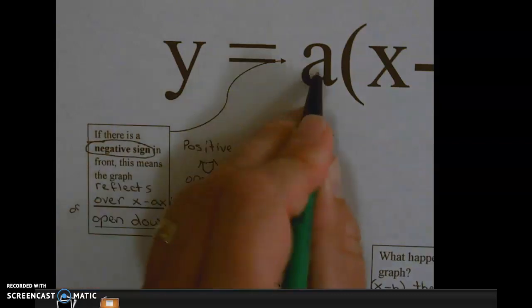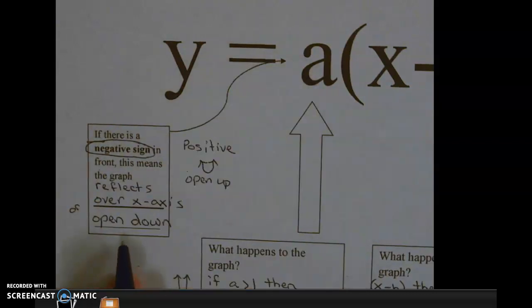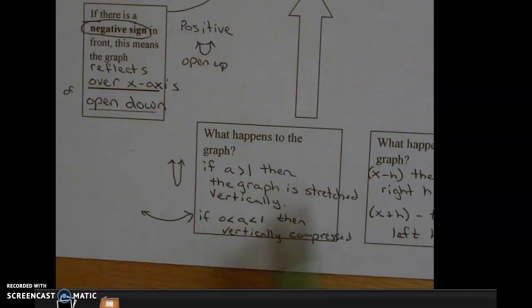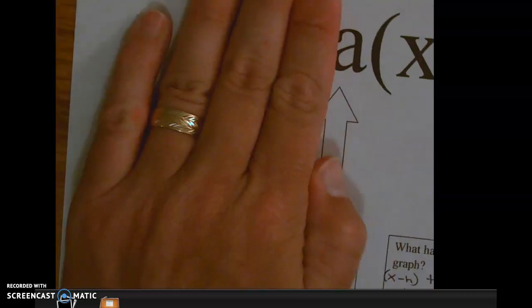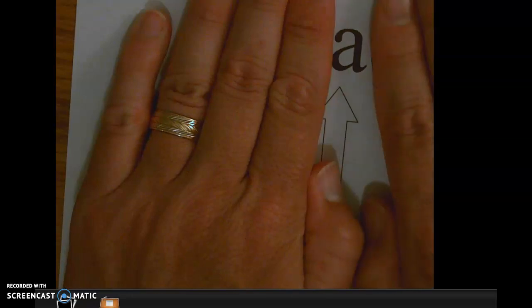If A is negative, it's going to open down. But when you're determining stretch and compression, do not look at the sign, okay? It's kind of like this. You want to cover that sign up and only look at the number. If it's a 2, it's stretched. If it's a half, it's compressed.